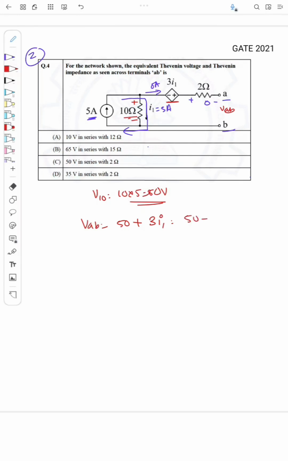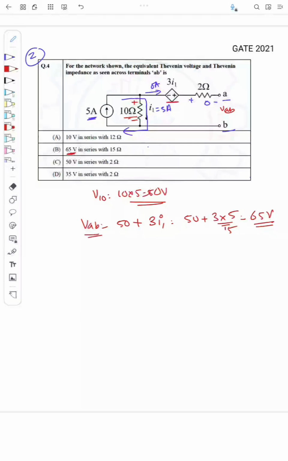So 50 plus 3 into I1, which is 5, so 50 plus 15 is 65 volts. So VAB is actually 65 volts. So the answer must be B.